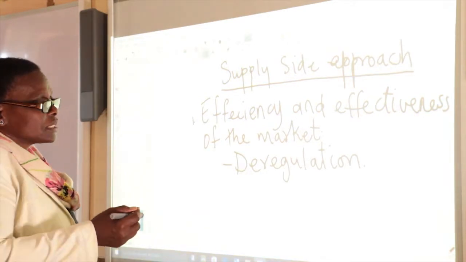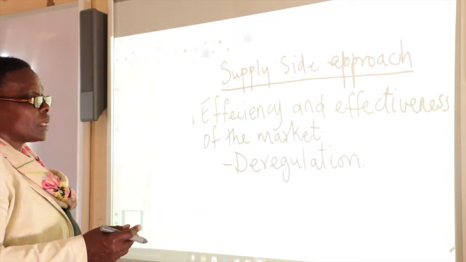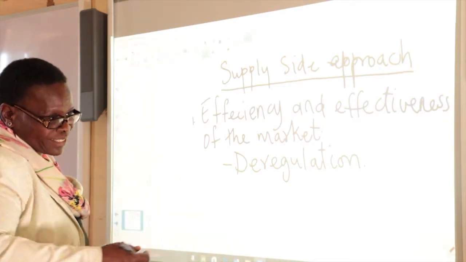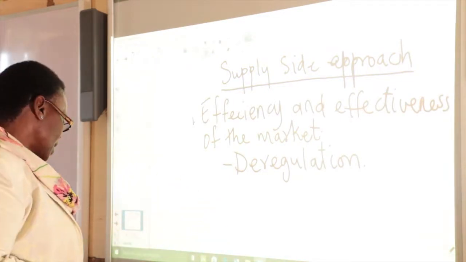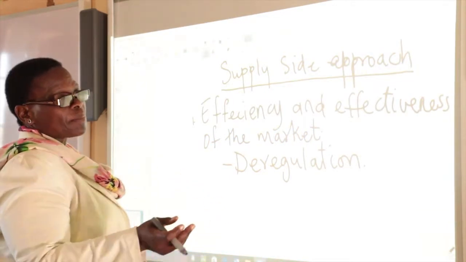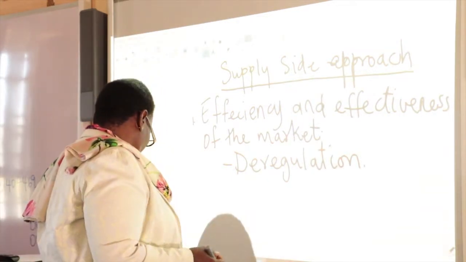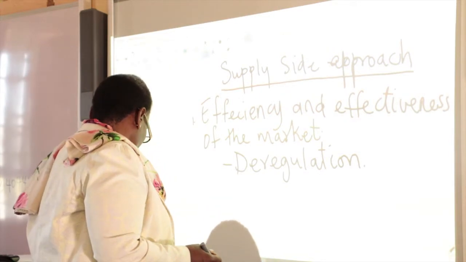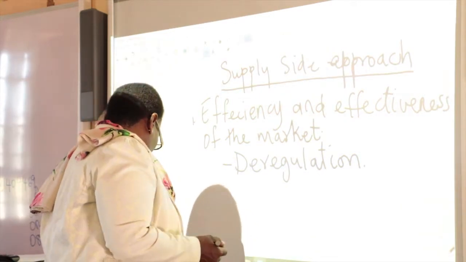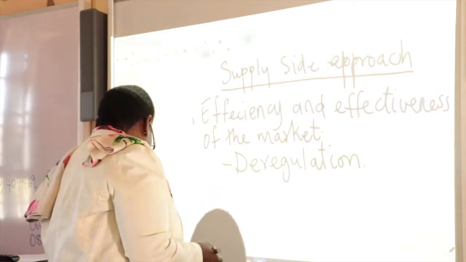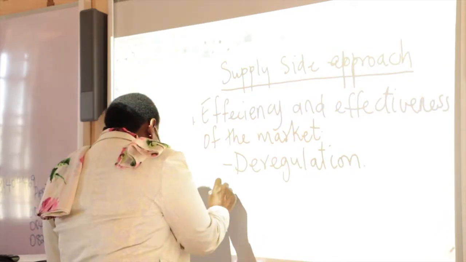But if these informal businesses could have access to the markets, this would increase the number of entrepreneurs producing goods and services in the economy, and we would achieve economic growth. So reducing unnecessary regulations, that is deregulation.